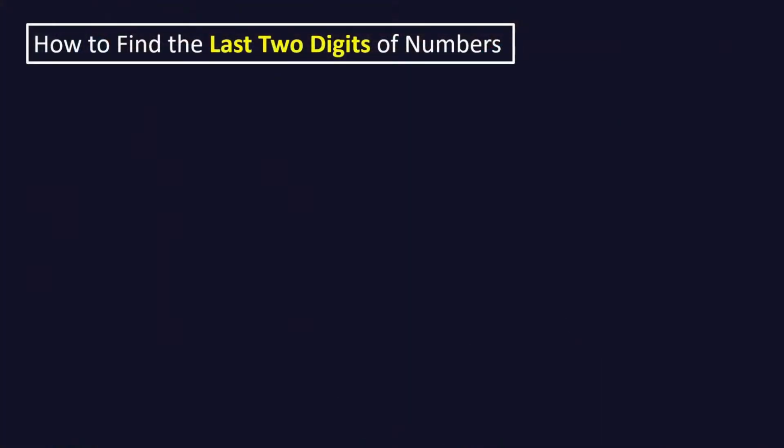Okay, so now we will learn a very new thing, a very interesting thing, at the same time a very basic thing, to know the thing that I'm going to discuss right after this small lesson. So check it. How to find the last two digits of numbers.